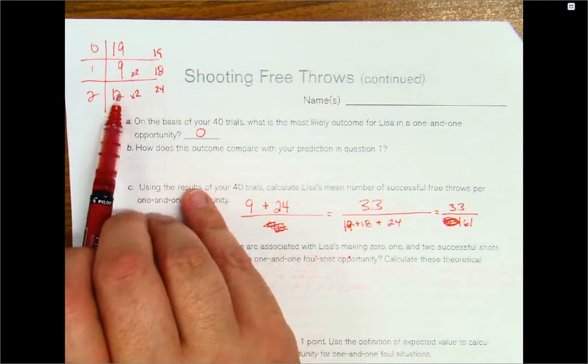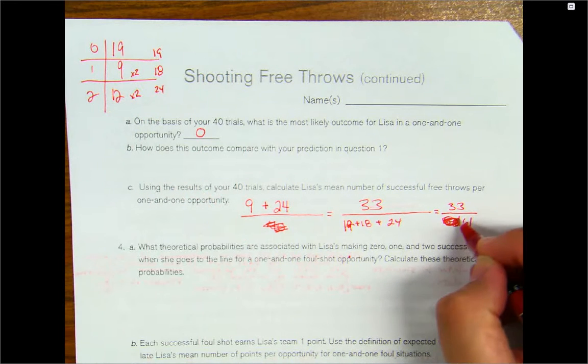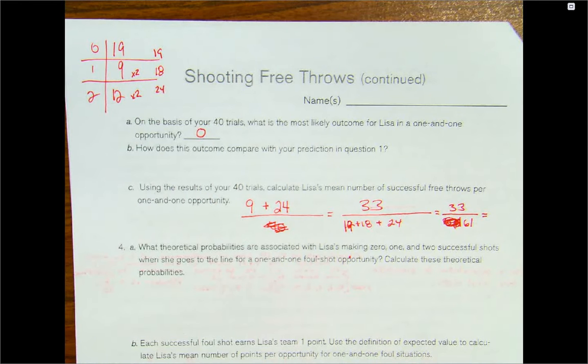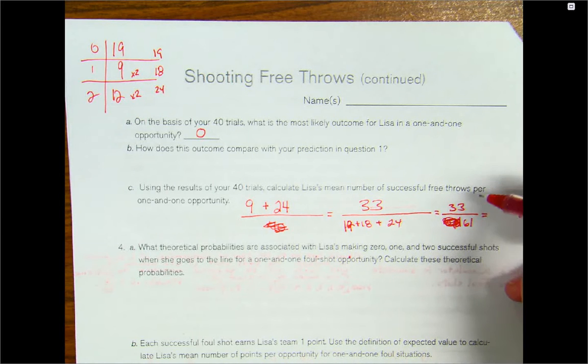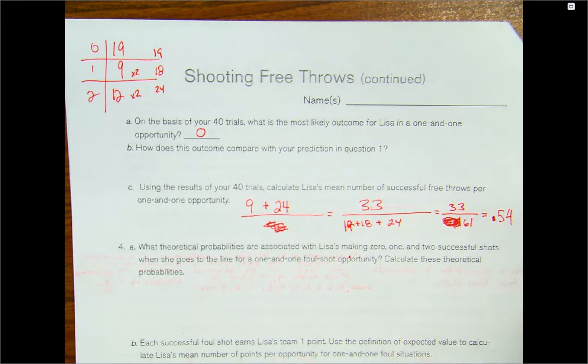And if I take 33 divided by 61, she had an average of 0.54, so she was below her normal average.